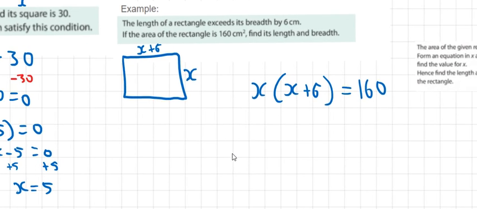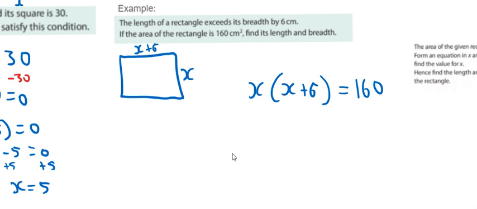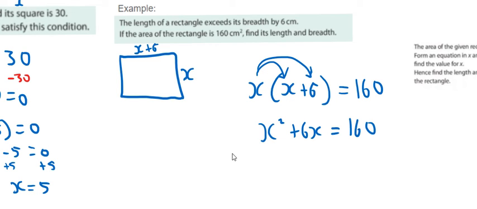So it doesn't look like a quadratic at all yet, but what I can do anyway is multiply the x by the x plus 6. So x multiplied by x is x squared, x multiplied by 6 is 6x. That equals 160, so it's looking a little bit more like a quadratic equation now.